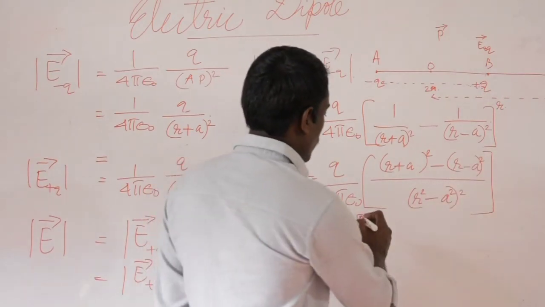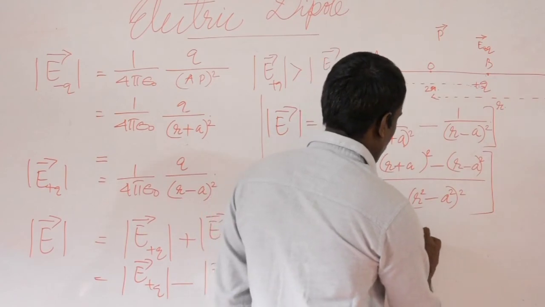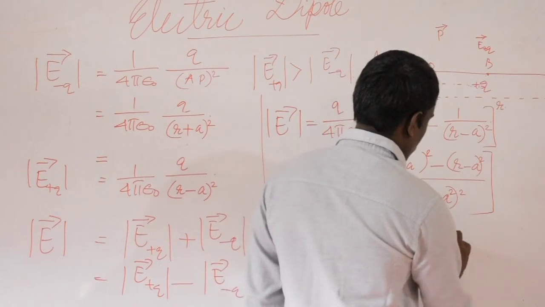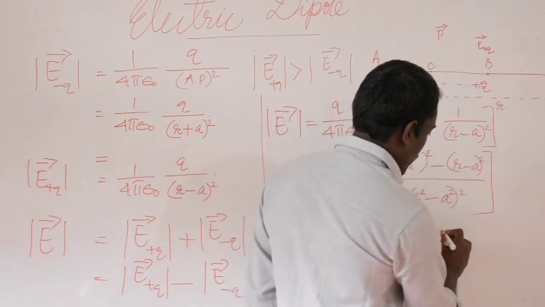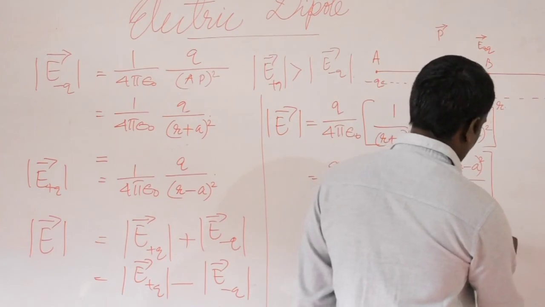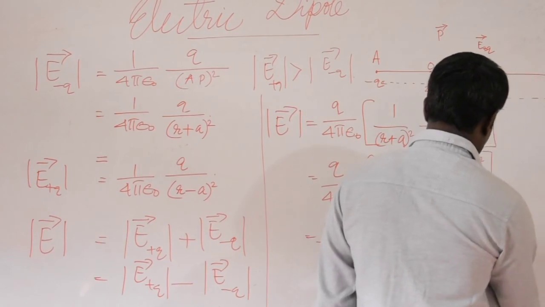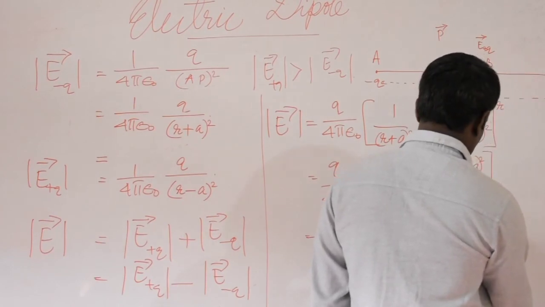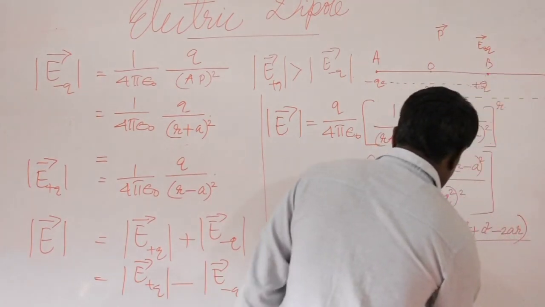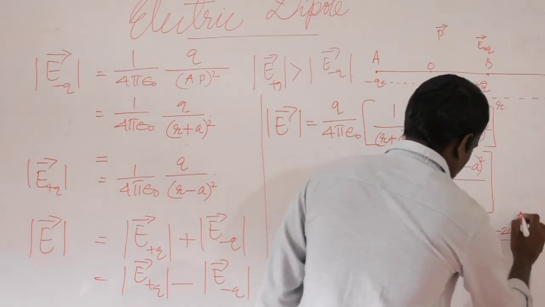When you expand this, you can write R square plus A square plus 2AR, minus R square plus A square minus 2AR, divided by (R square minus A square) whole square.